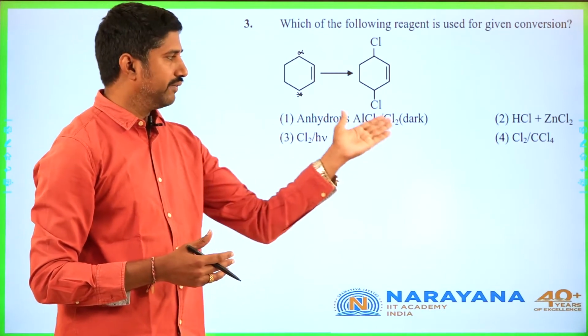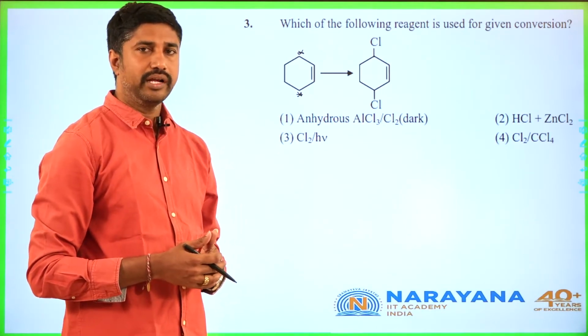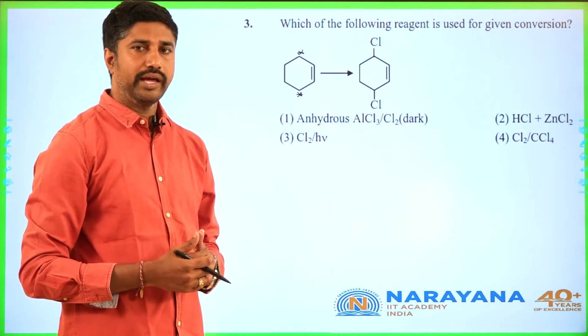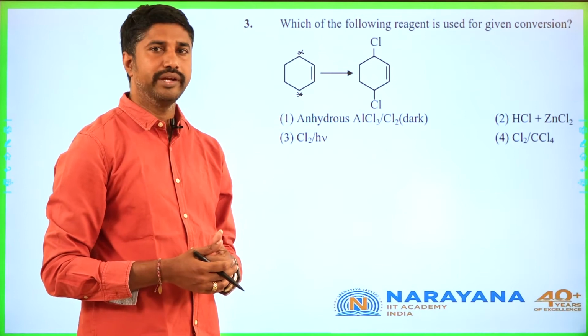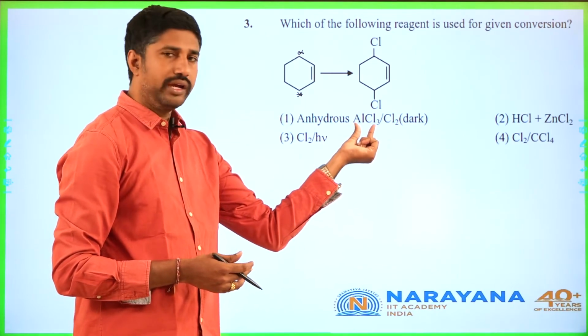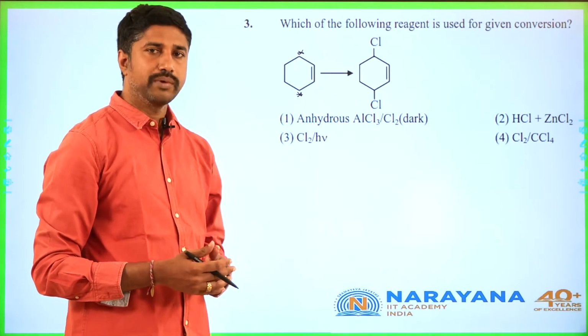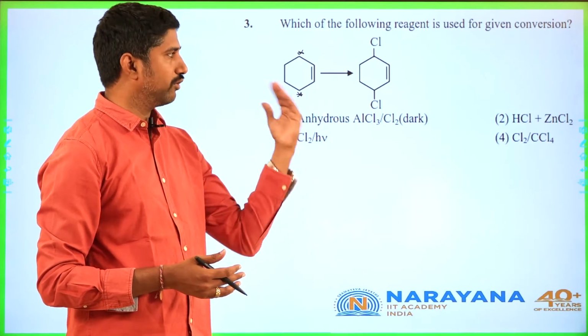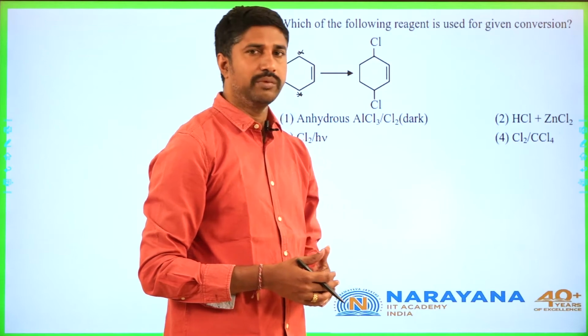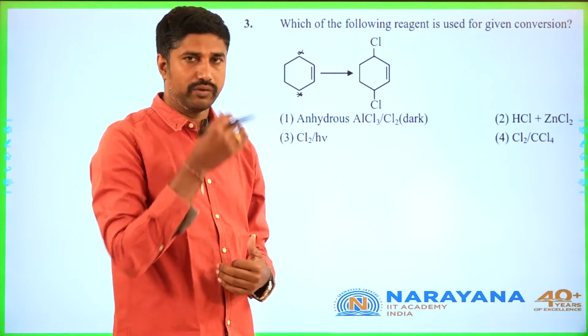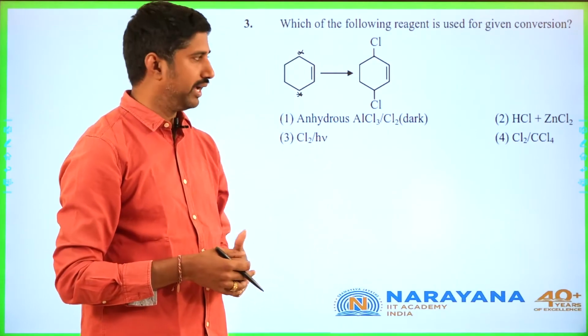Among the list given here, which goes as a free radical substitution via allylic halogenation? The first one goes via electrophilic addition because anhydrous AlCl3 can produce Cl+ cation, and the Cl+ cation will be added first. The second is nothing but Lucas reagent, for conversion of alcohols to alkyl halides.